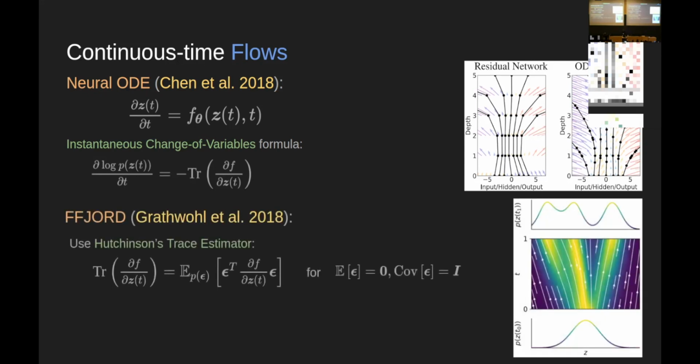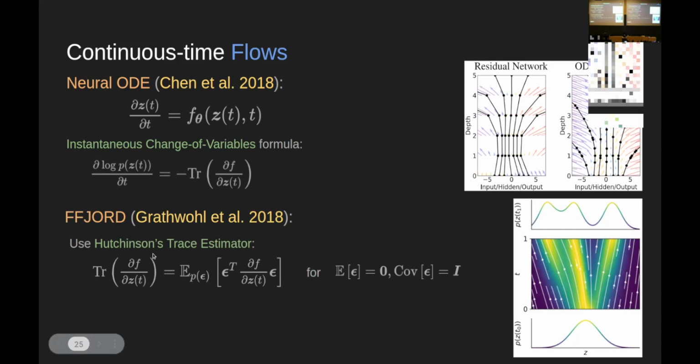built on in FFJORD, where they introduced a way to estimate this trace of the Jacobian for black box neural networks. So it means you can specify, under some mild constraints, any neural network f for the dynamics and train that as a normalizing flow.